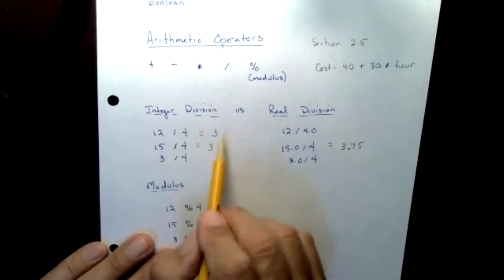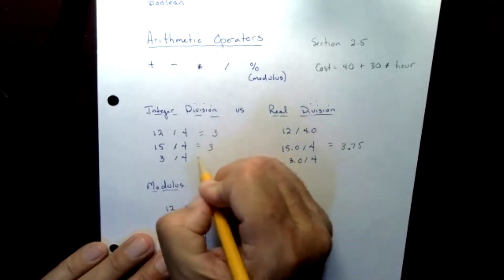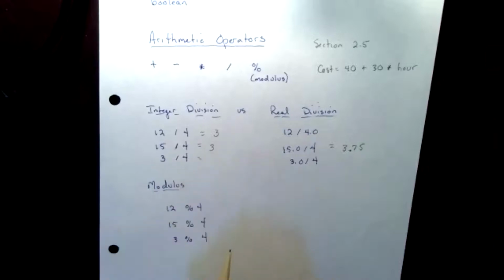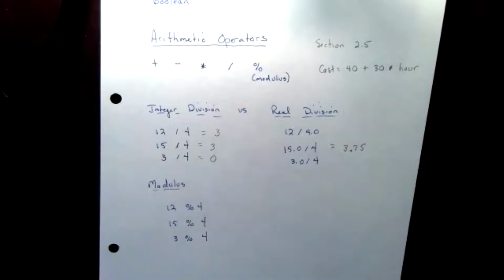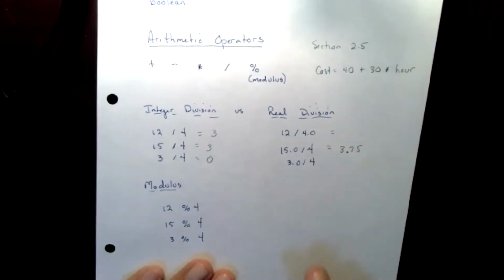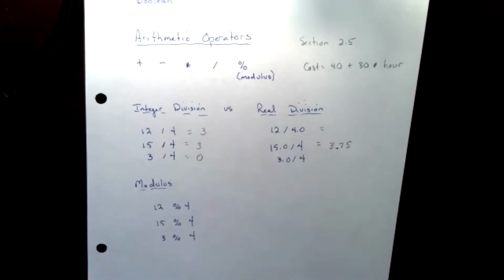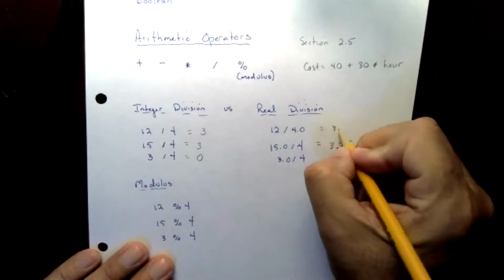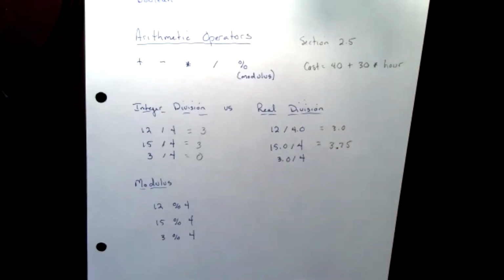If I kept going, this is 3, this is 3. How many times does 4 go into 3? 0. Now you know why we're taking time to cover this. 12 divided by 4.0, what is it? 3.0. Excellent. My result is a real.